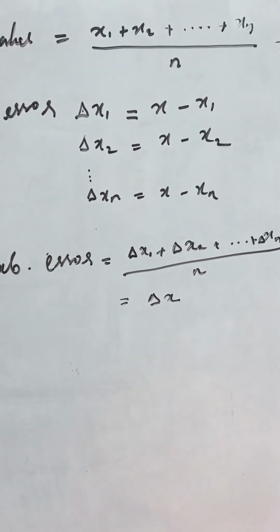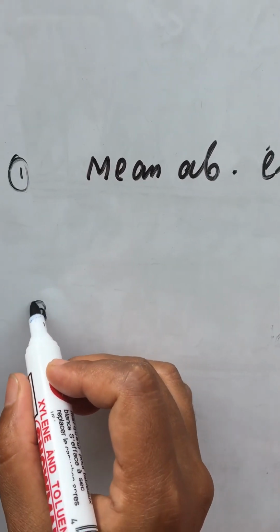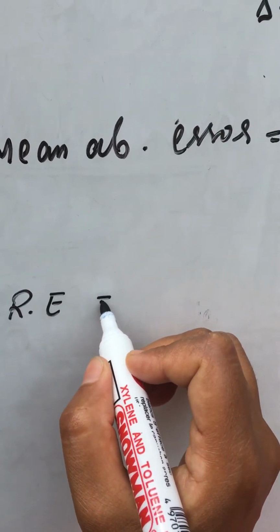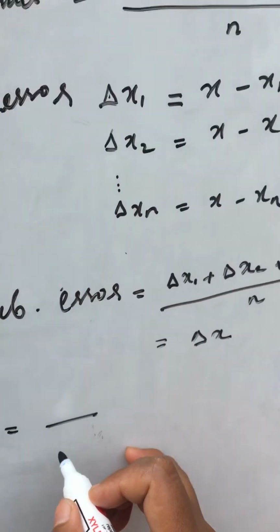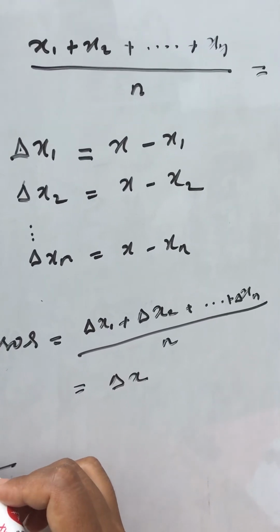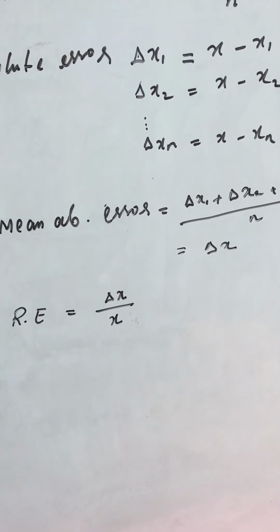One more thing is that error can be represented in another form, known as relative error, relative to the true value x, that is delta x by x.